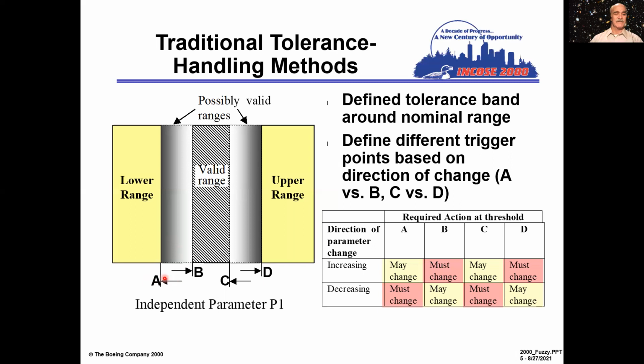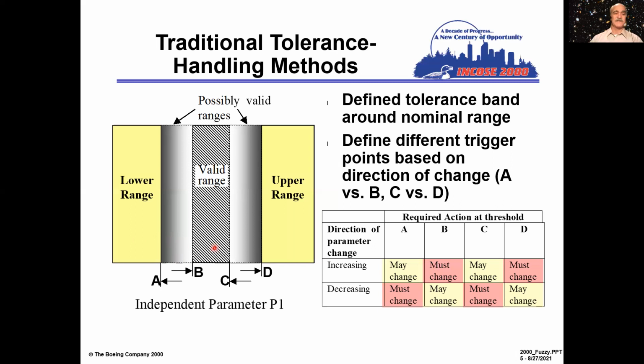If we're at A, but it's increasing, then we wouldn't force a change. That would mean that either the current state is acceptable or a different state is acceptable. Similarly, at B, if the parameter is increasing, then we have to change the state.